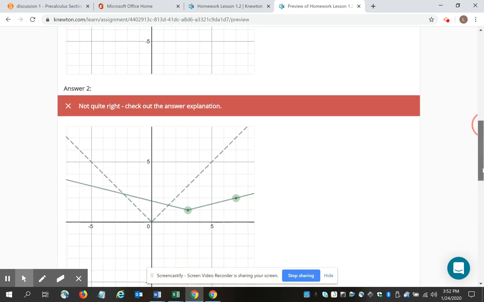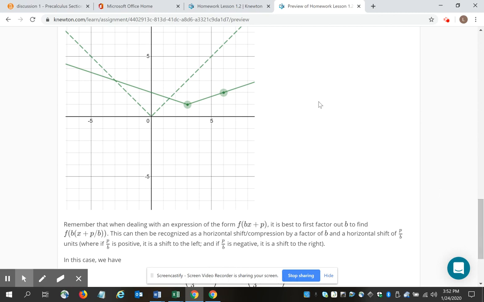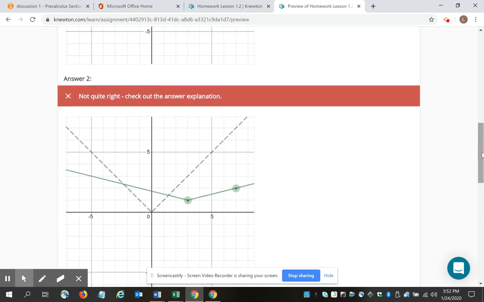Since I was having trouble with this concept too, it's so challenging to figure out where you're going to put these dots. It might help if I pick some points.